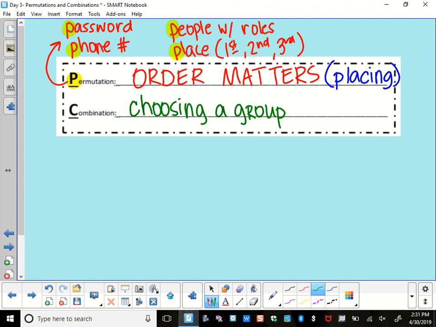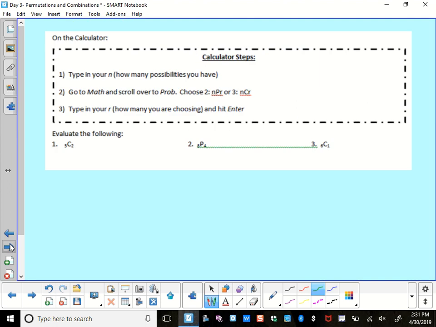Okay, you guys have this down? All right, grab your calculator. On your calculator, this is how we're going to input these numbers. The first number we're going to type in is how many possibilities we have.